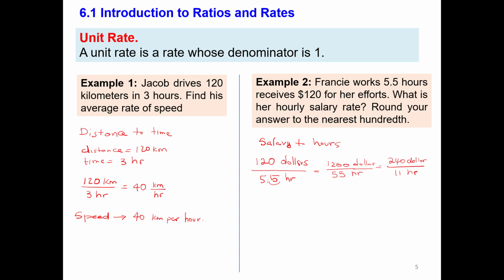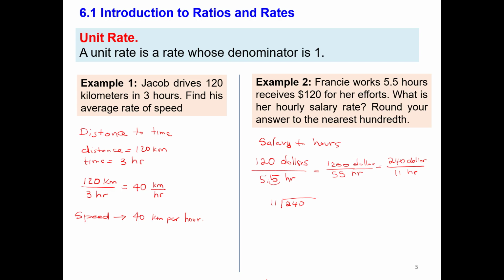And just to practice, let's try to divide this one. We have enough space here. How many 11s are in 24?